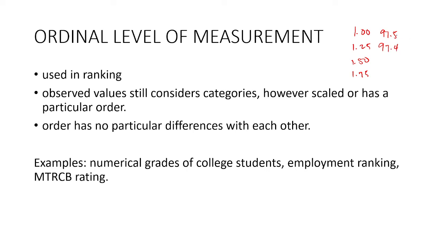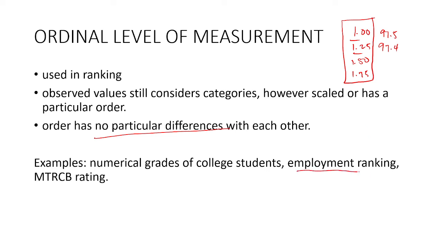So pwedeng uno yung isang estudyante, 1.25 yung isa, pero 0.1 lang yung difference nila. So yun yung sinasabi nating no particular differences from each other kapag itong values lang na to ang ginamit natin. So you cannot know kung ano yung particular differences nila with each other.